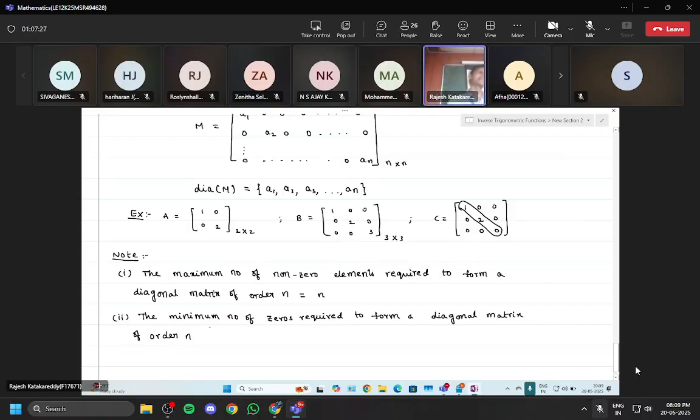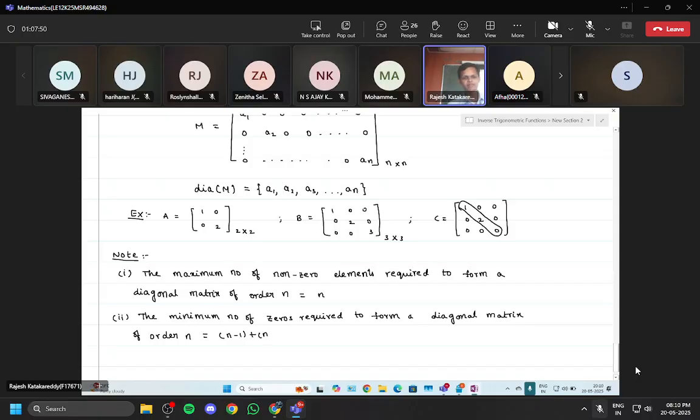See, like here, guys, in any row you take, there must be one element from the principal diagonal that may or may not be 0. Since it is not necessary, we won't consider that one as 0. In every row, there are n minus 1 zeros. You can say column as well.